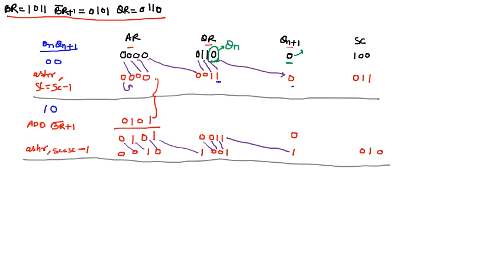Next step is, again we'll test the value of Qn and Qn plus 1, and now you can see it's 1 1. So in case the value is 1 1, if you remember, we'll simply perform arithmetical shift right and reduce the counter.